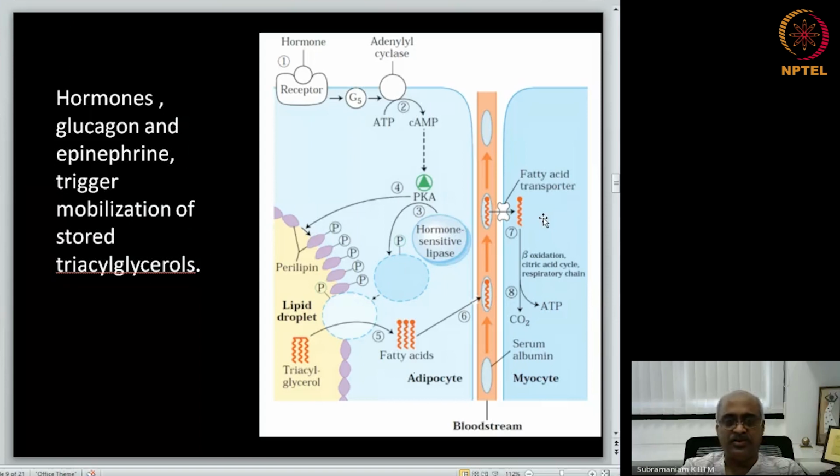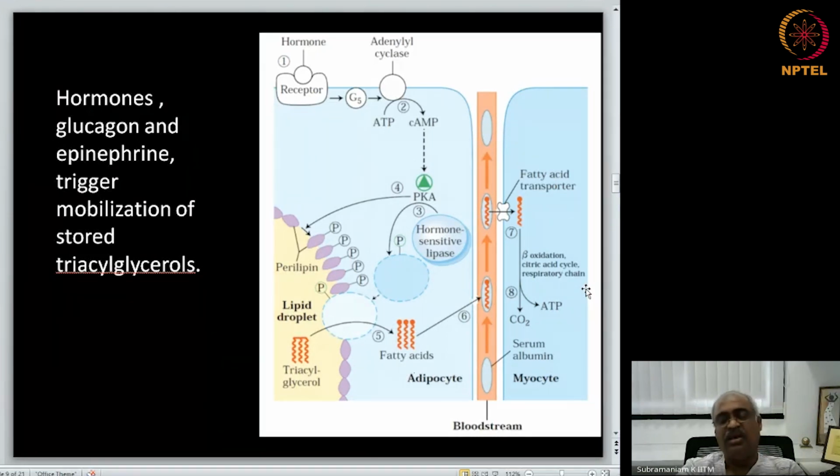There it is going to undergo beta oxidation, which we will discuss in the next class, at the end of which you will get acetyl-CoA. That acetyl-CoA via the citric acid cycle will produce the reducing equivalents NADH and also FADH2, when succinate dehydrogenase works, and ATP by substrate level phosphorylation also.